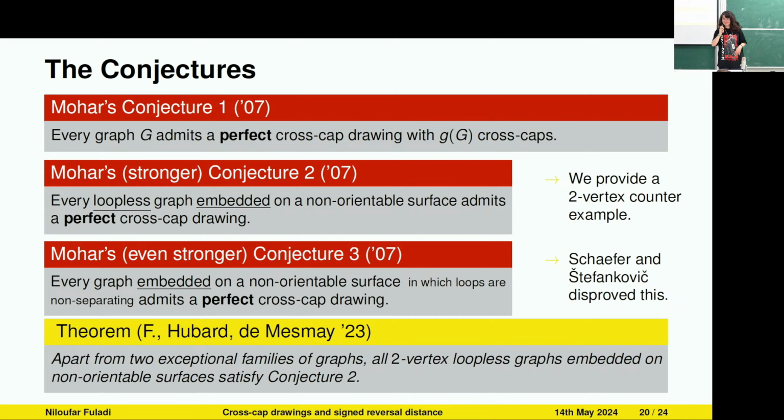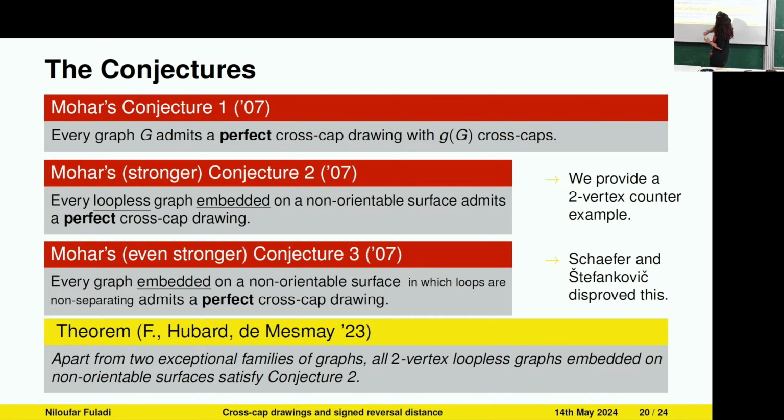Any questions? Yes. So the conjecture, why is it stronger? Is it that you want that drawing to be on the same surface where you already embedded, or does the new embedding, the perfect drawing, have nothing to do with the embedding that you were given? The point is this. When you have a graph, you can say, for example, that the non-orientable genus is 5. But there are many ways to embed it in the surface of genus 5.